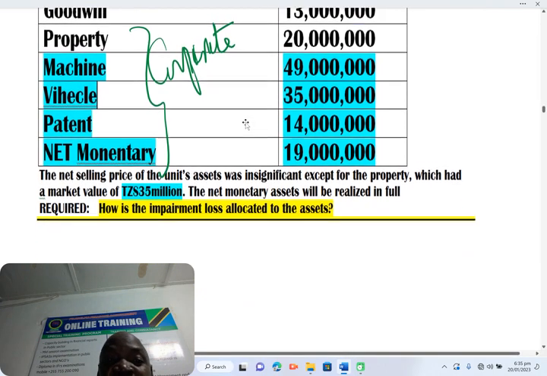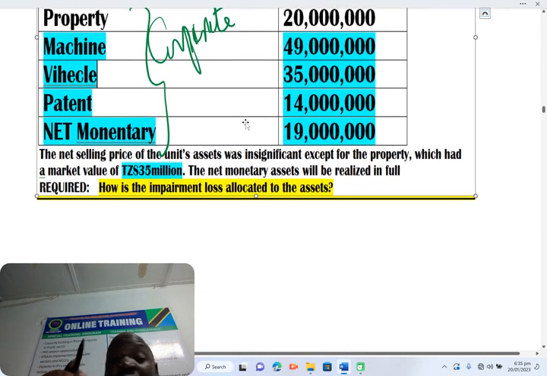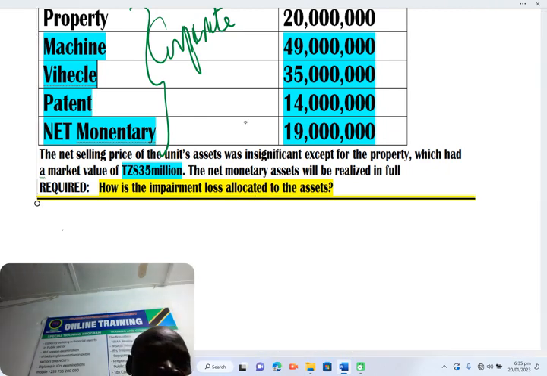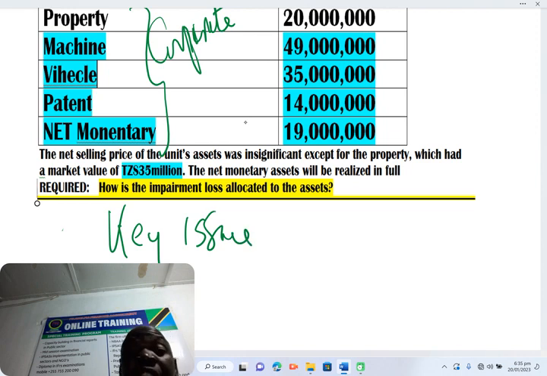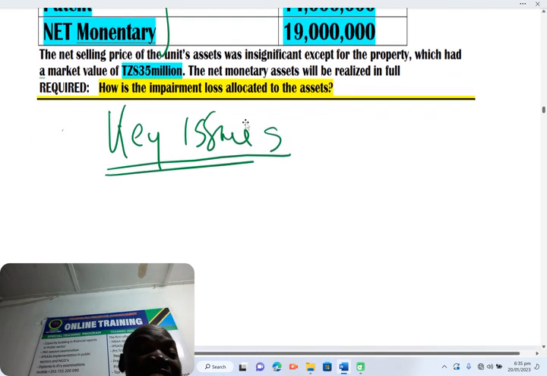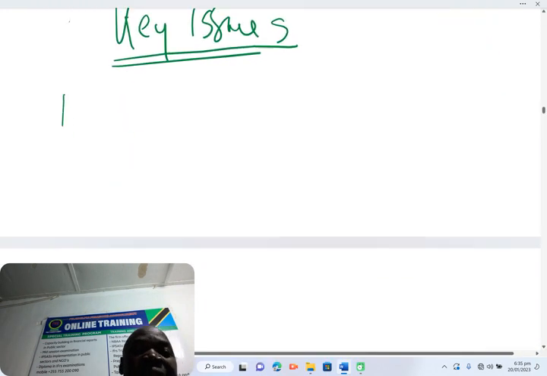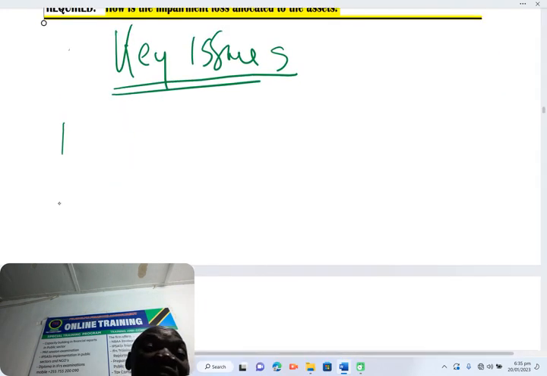Okay. You must be very clear to understand these cases. For example, key issues here. Number one, very important issues.